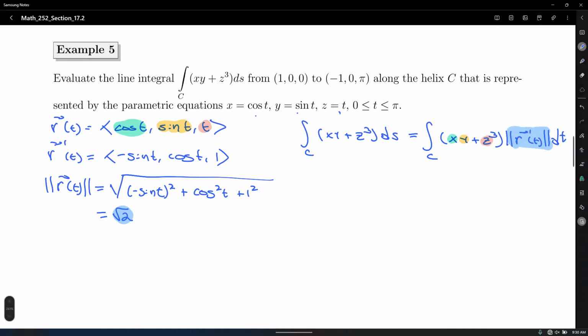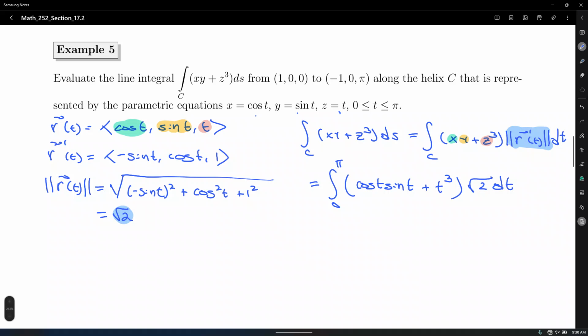So this will be the integral from 0 to pi of cosine t sine t plus t cubed, times the square root of 2 dt.